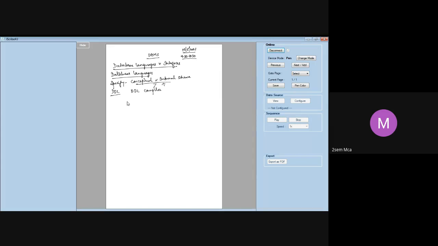How do you create an entity, or how do you create a table? For example, employee is an entity. You have identified this entity. Now, how do you define this? By using the DDL statement called create. You say create table employee.